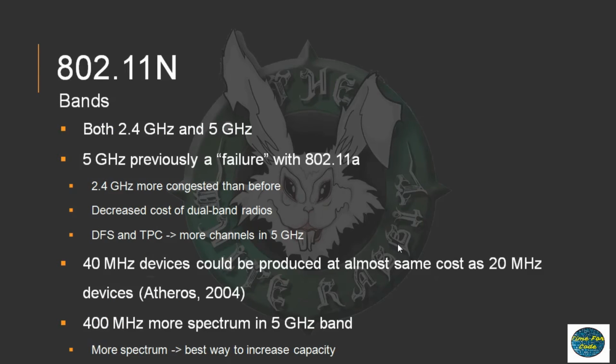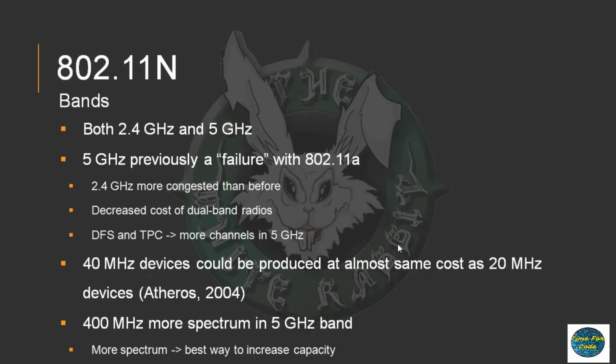As you might remember from the previous discussion, there are some benefits of going with 5 gigahertz because it's not as congested as 2.4 gigahertz, but the radio range is not as far as 2.4 gigahertz. However, starting with 802.11g and then more so with 802.11n, because of the increased congestion at 2.4 gigahertz, 5 gigahertz just becomes more and more attractive.